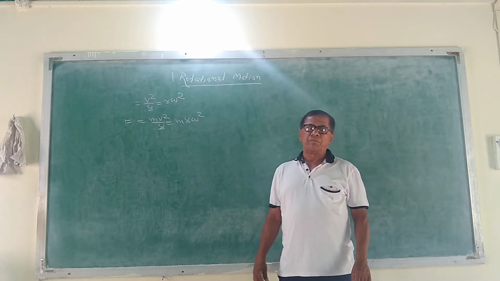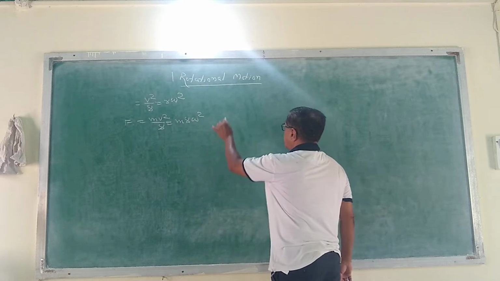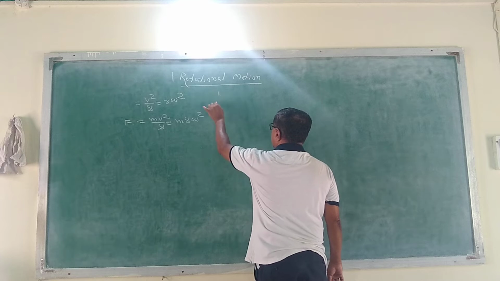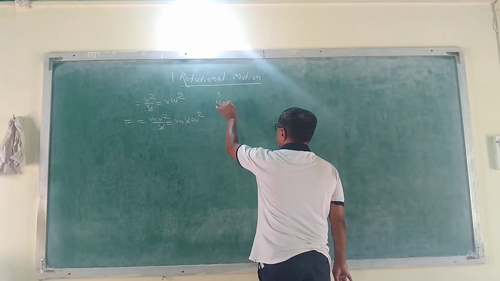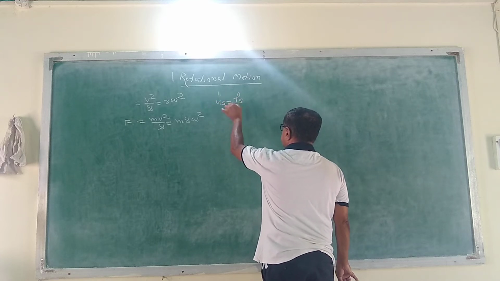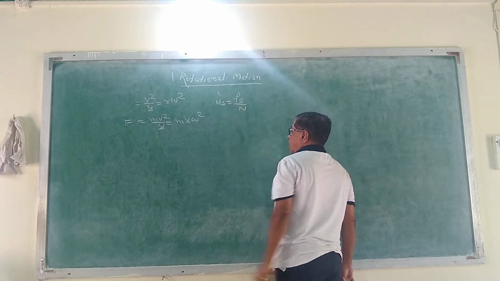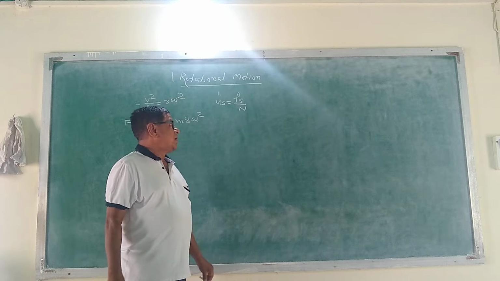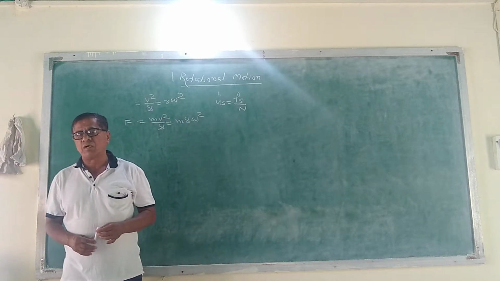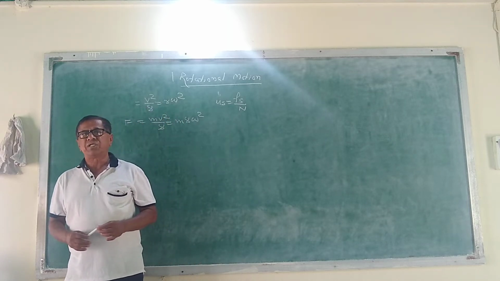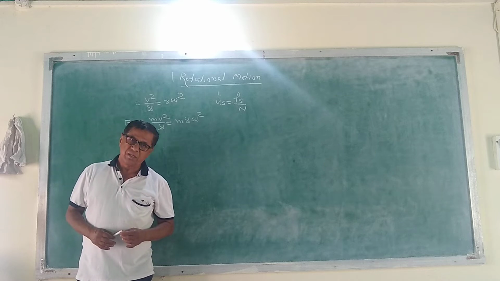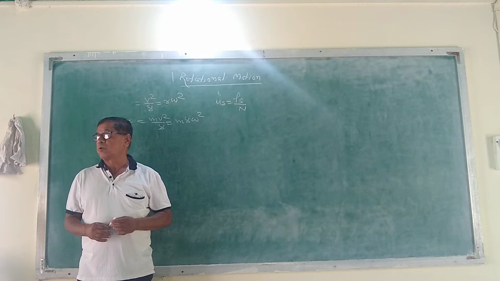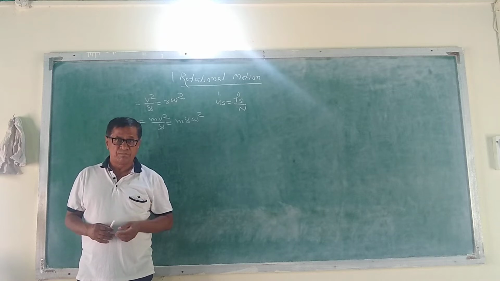The coefficient of static friction μs is equal to Fs upon N, where Fs is the limiting force of static friction, and N is the normal reaction, which is taken as the weight of the body. Now these are the formulas which we are going to use in this chapter.